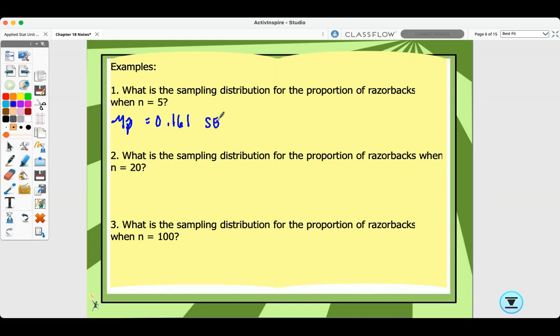Our standard error of p hat would be the square root of 0.161 times 0.839, all divided by n, which was 5. And that is about 0.164.